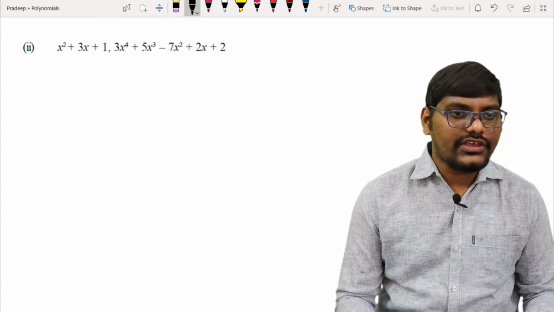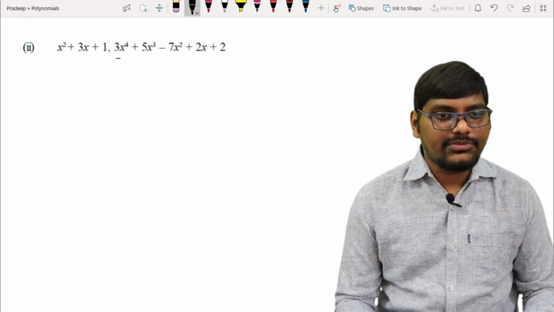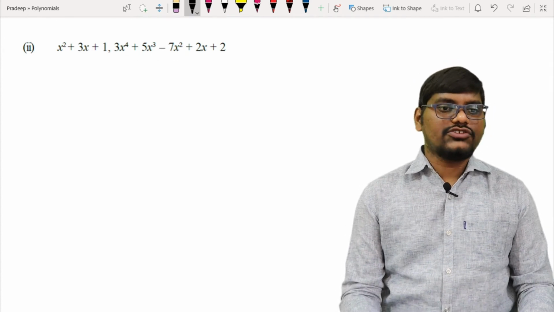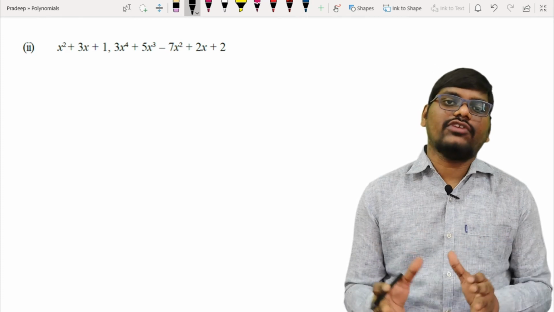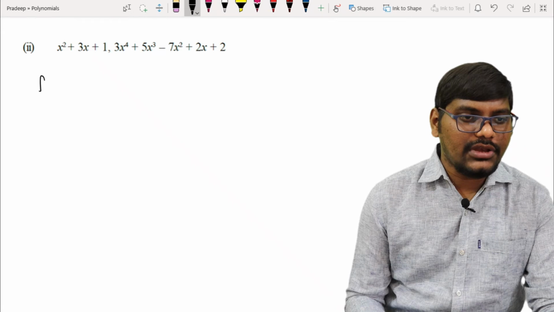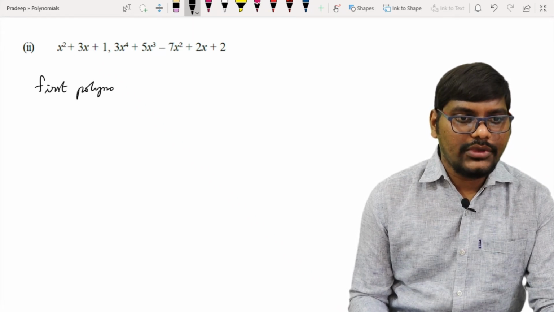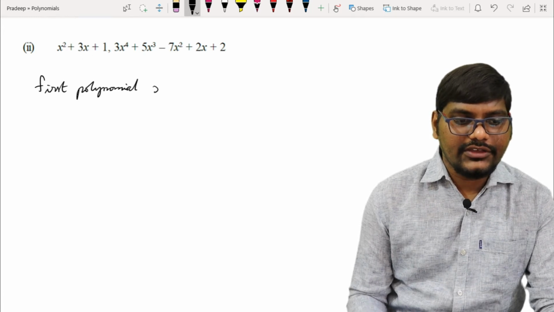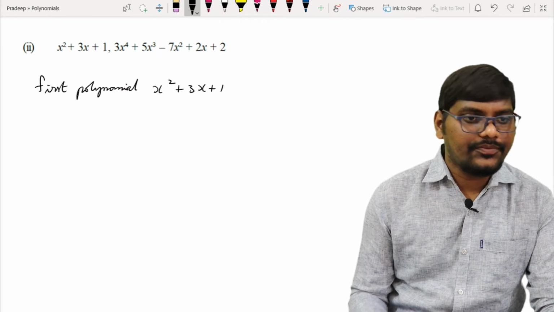The question says x square plus 3x plus 1. The second polynomial is 3x power 4 plus 5x power 3 minus 7x square plus 2x plus 2. We should find out whether one of the polynomials is a factor of the other or not. So the first polynomial is x power 2 plus 3x plus 1.